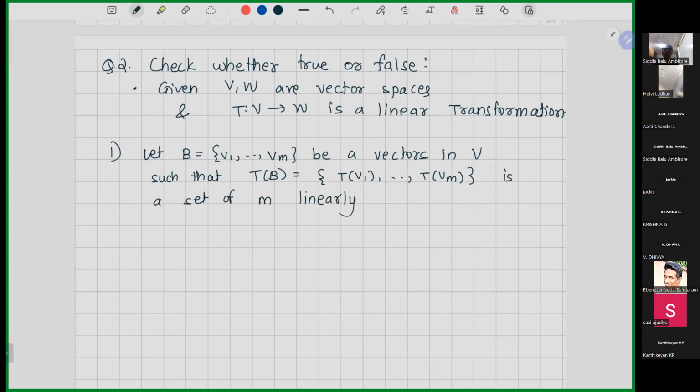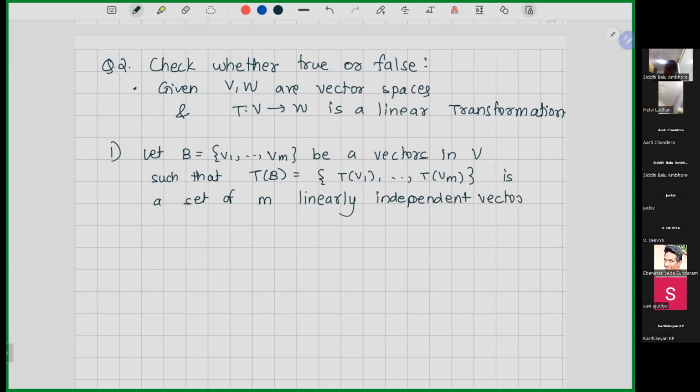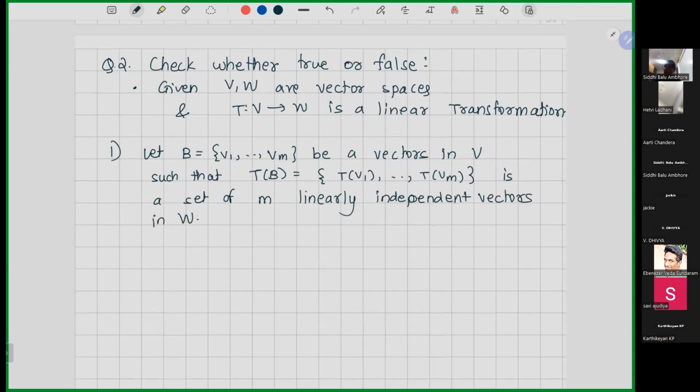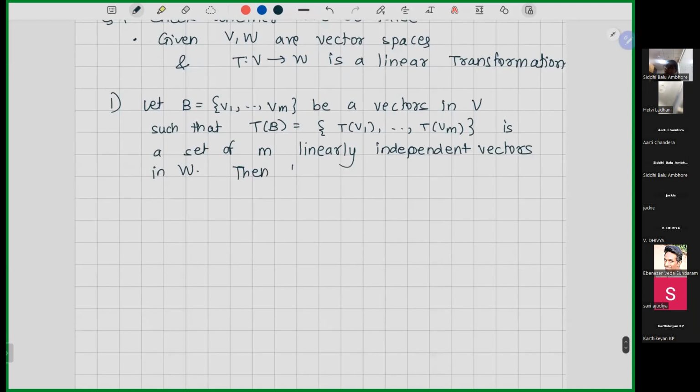So we are given that the image set TB is linearly independent in W. Then our question is whether B is linearly independent or not. So they are saying that if TB is linearly independent, what can we say about B? That is the question here, and they are saying that it is linearly independent in V.